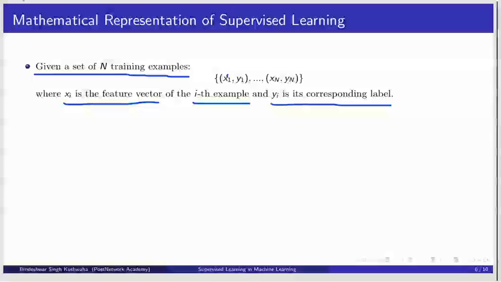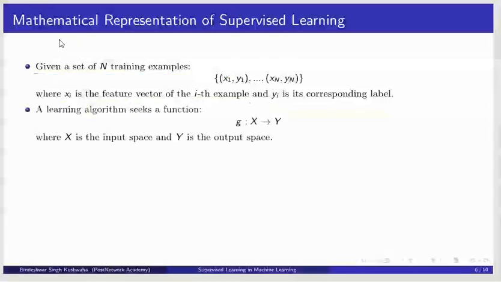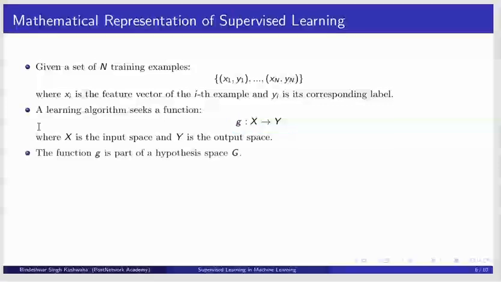There may be many labels, also called classes. A learning algorithm seeks a function, it learns a function g(x) that correctly maps. The learning process you will learn, and understanding the learning process is crucial. It requires mathematical concepts, but the fundamental is that from the data set it will learn a function.